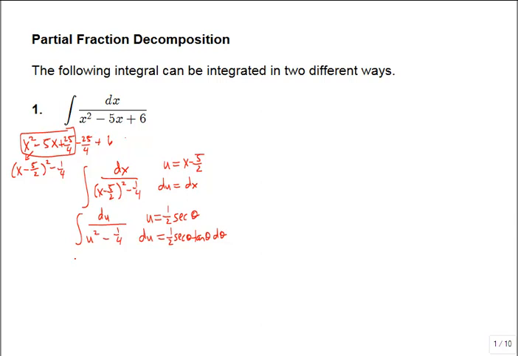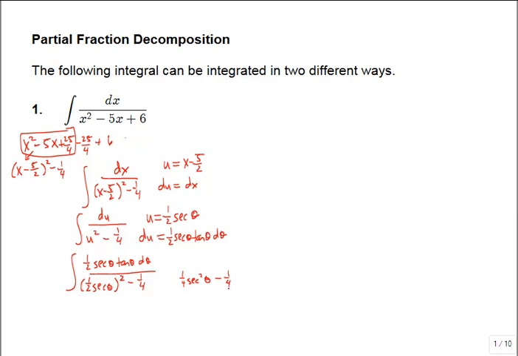So let's substitute in what we have. Du becomes 1/2 secant theta tan theta d theta. And our u in the bottom gets replaced with our 1/2 secant theta, and we want to square that and subtract 1/4. Now a little bit of scratch work over here. 1/2 secant theta quantity squared is 1/4 secant squared theta.